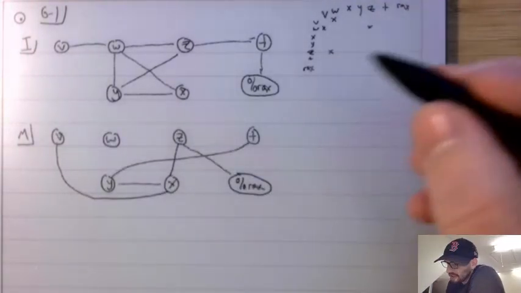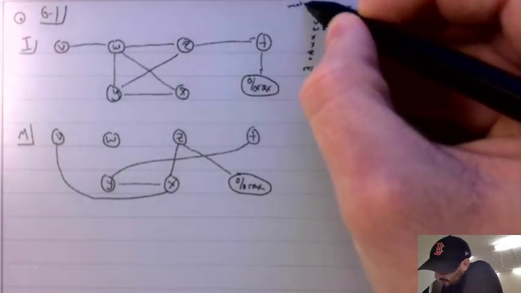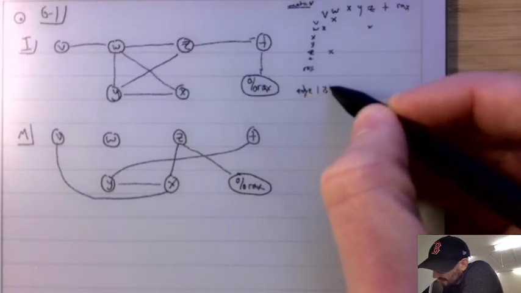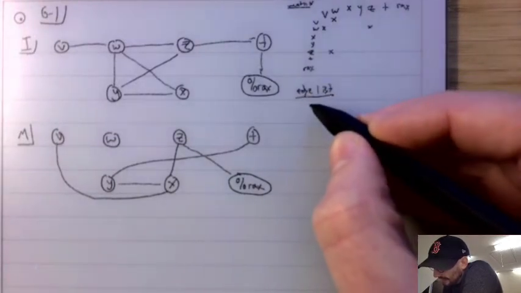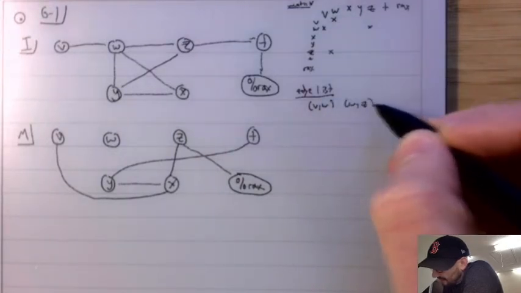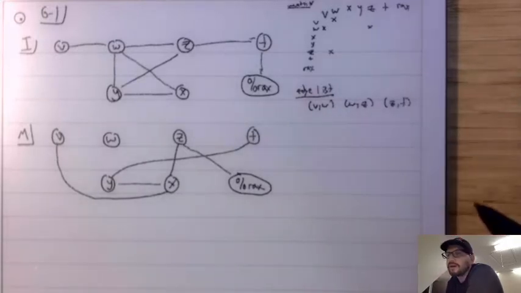Another way to do it is to just store the edges. So this is the matrix. This is the edge list. And the edge list would basically say that we have V and W in the graph, and then we have W and Z in the graph, and we have Z and T in the graph, and so on. We would list them all out.